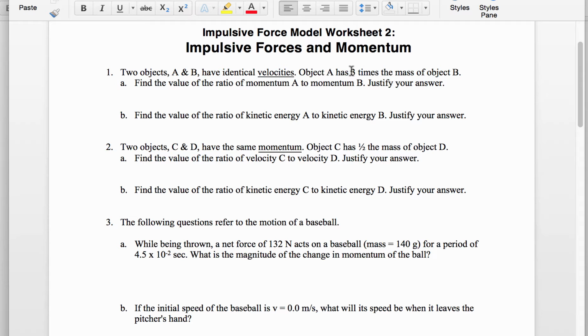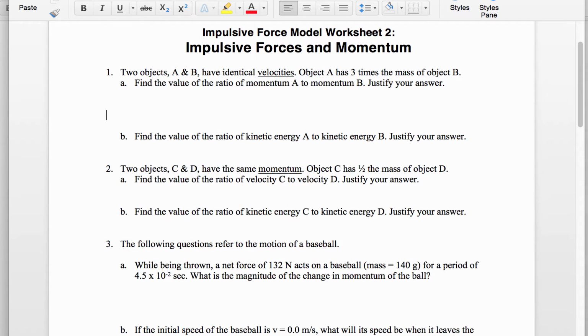I'm going to say object A is 3 times the mass of object B. I'm just going to type in here, and I'm going to type in different color so it's clear.